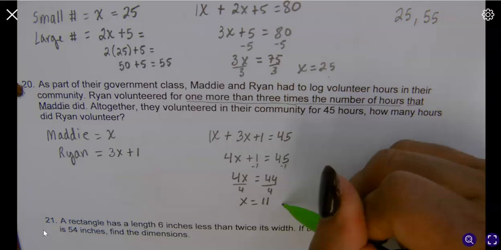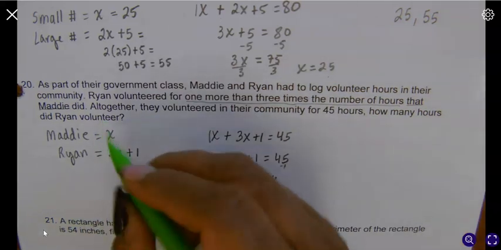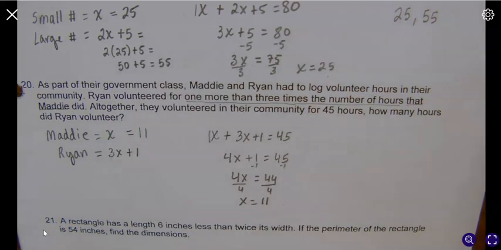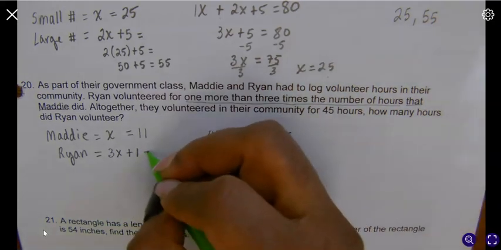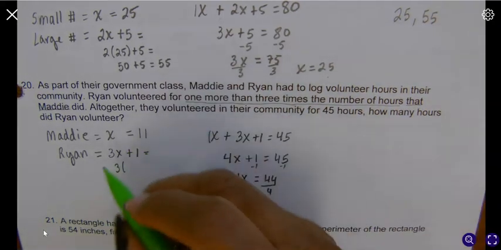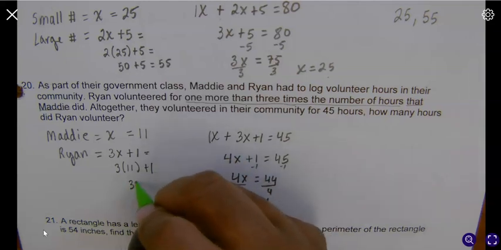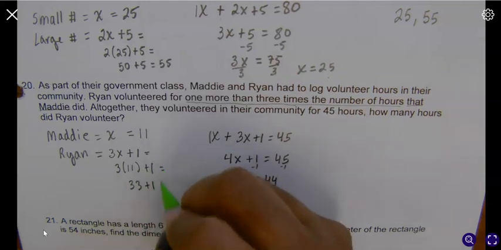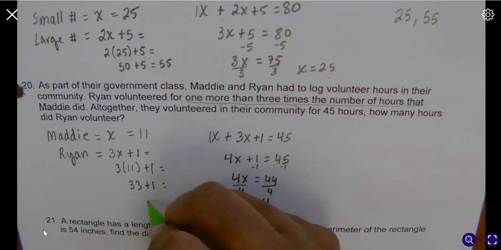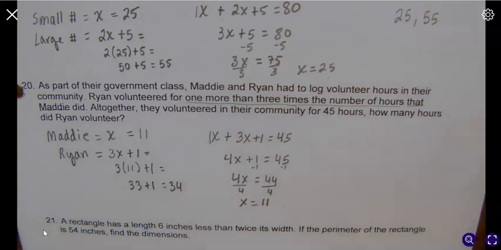Now, I found x, and x represents Maddie's hours. So she had 11 hours, which means that Ryan had 3 times 11 plus 1. So 33 plus 1 is 34 hours.